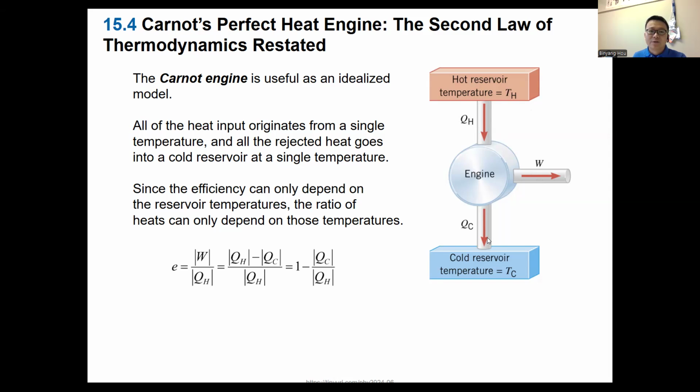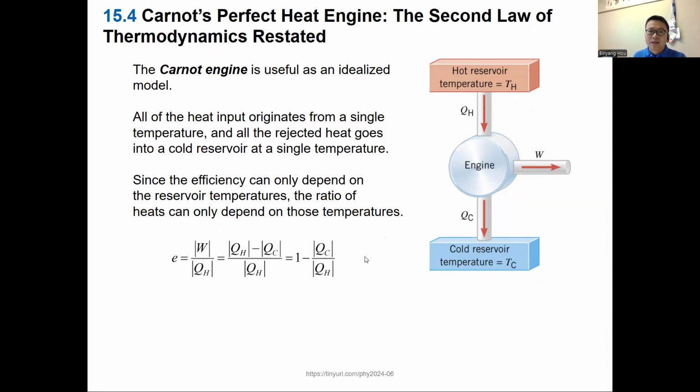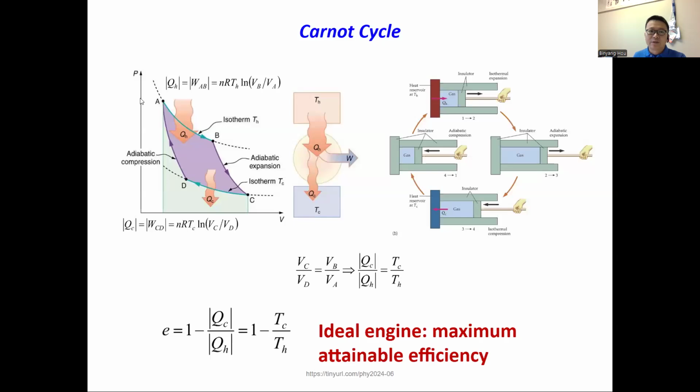So efficiency equals work divided by QH, and W is QH minus QC, so it's QH minus QC over QH, so 1 minus QC over QH. And the engine is using hot air gas as the enclosed system. Mathematically, from the PV diagram here, you can see QH comes in.